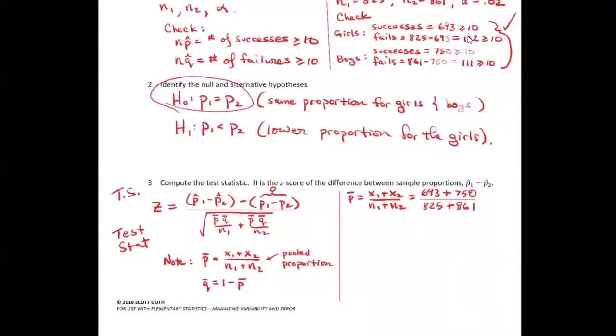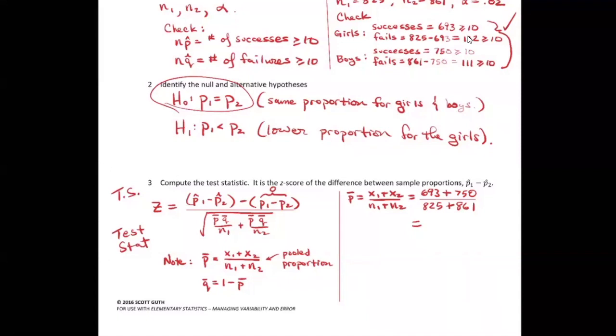So here we get one proportion that represents both groups, which are supposed to have the same proportion attending school. And this is an estimate of that common proportion. My calculator gives a fraction for the answer.